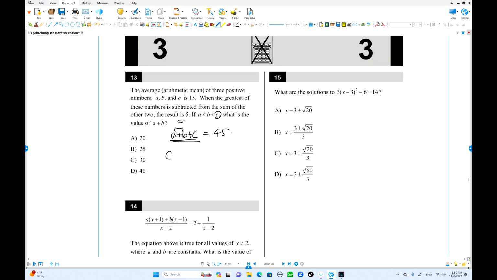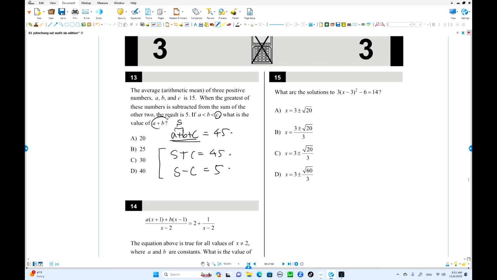I'm going to call the sum of the other two s. So s plus c equals 45. But s equals what? The greatest one subtracted from the sum of the others, s minus c, the result is 5. That's the equation, okay?